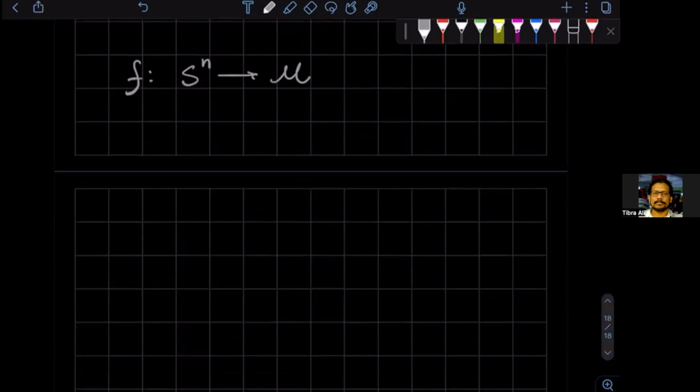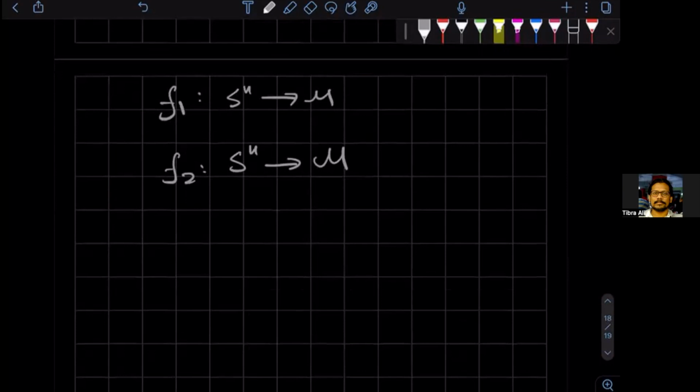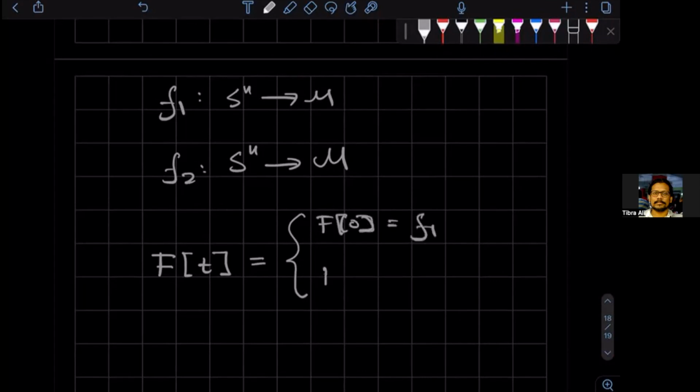So for example, if I have two maps f1, say from S^n to M, and another map f2, which is also a map from S^n to M, but there exists some other map F which has some parameter t, such that F of 0 gives us map number 1, and by a continuous deformation of this parameter, I go from map number 1 to map number 2, then they are considered equivalent.